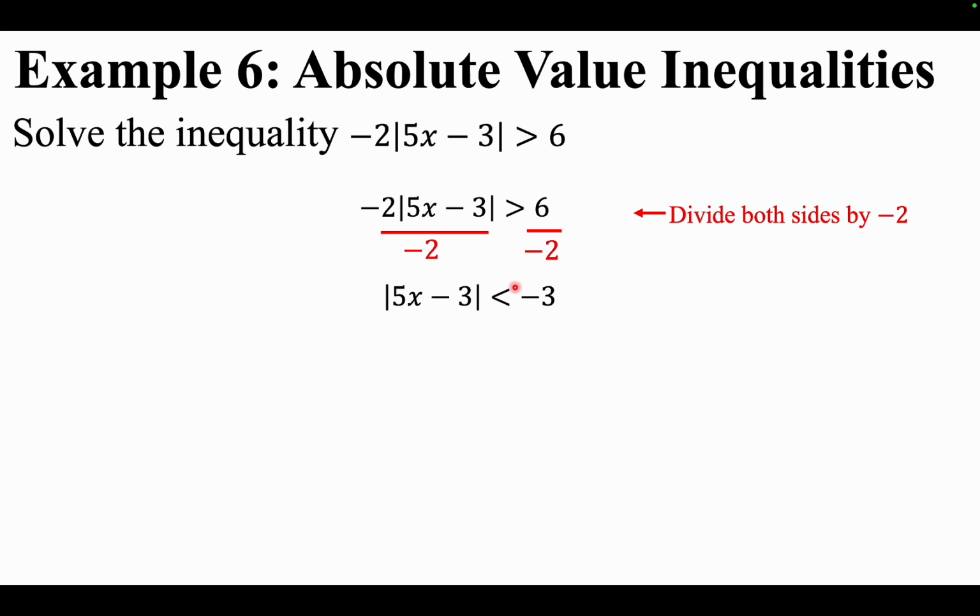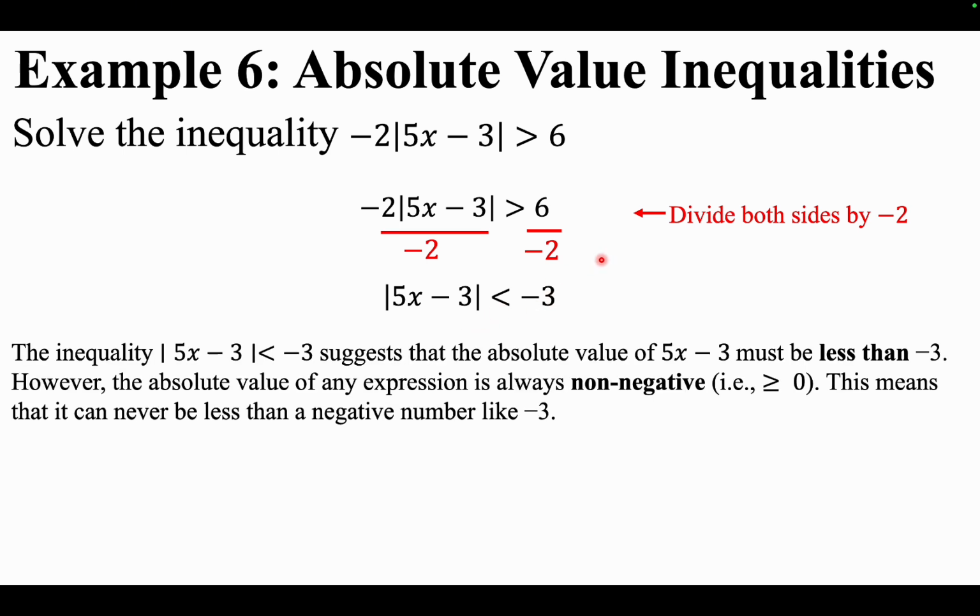Well, because I have a negative number here, I have to analyze this, that is, compare the smallest possible number on this end with this. Well, 0 is less than -3. That is not true. And therefore, this has no solution.